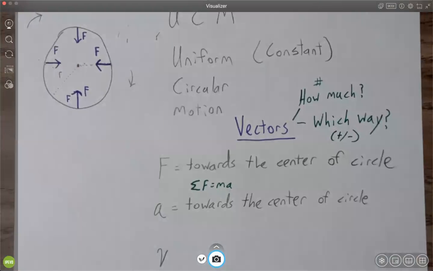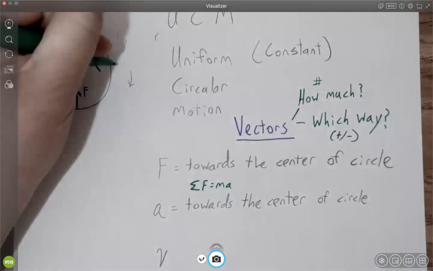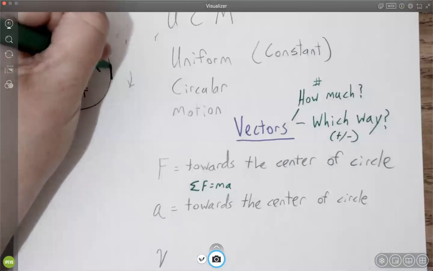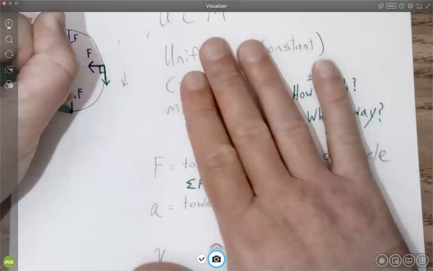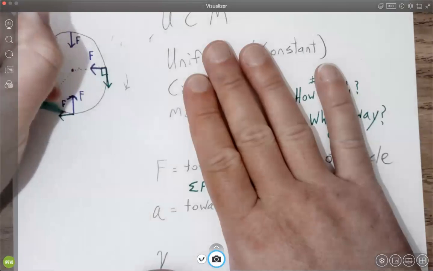So while this force is radially inwards towards the center of this circle, we're also going to have this velocity. The velocity is different. It's going to form this 90-degree angle with respect to the force.